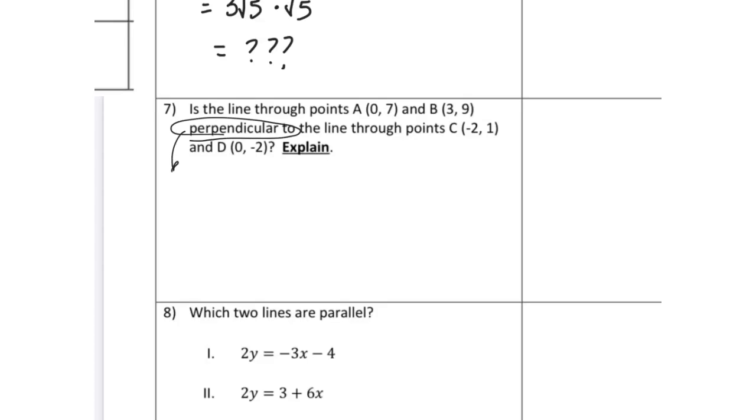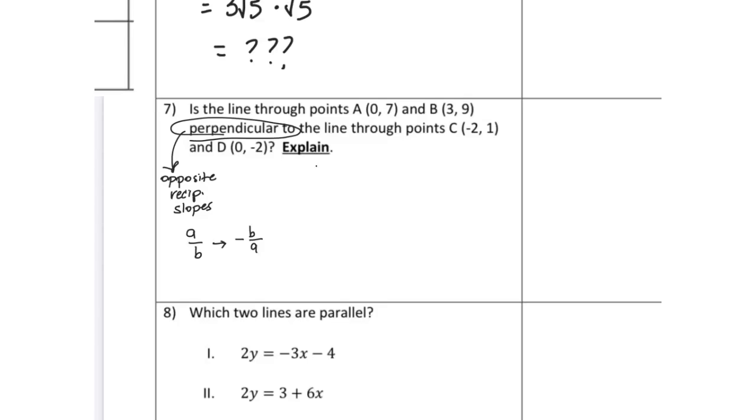Okay, perpendicular lines, if you can remember, they have opposite reciprocal slopes. So if you have a fraction that's a over b, it's going to change into a negative b over a.